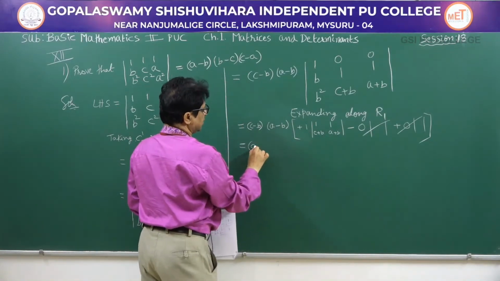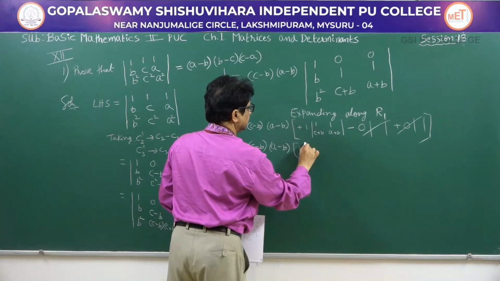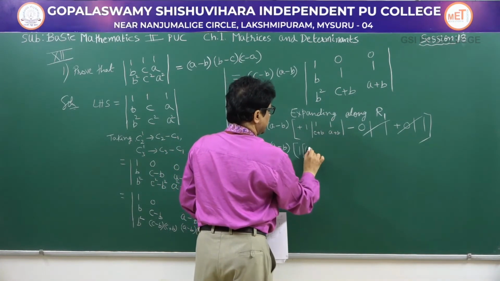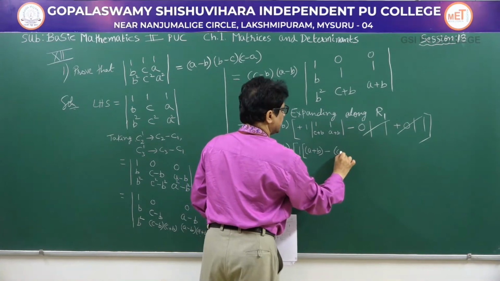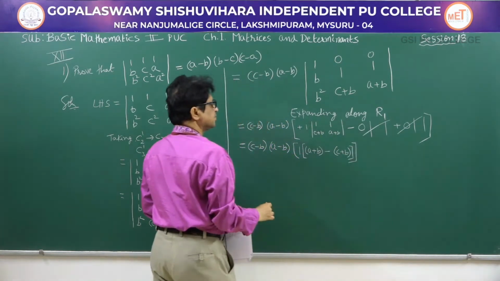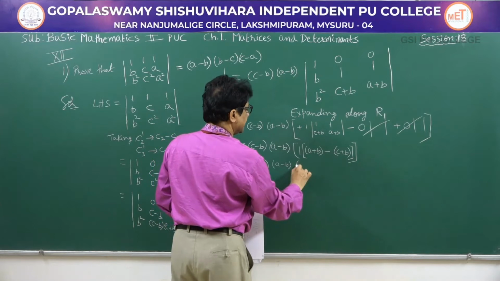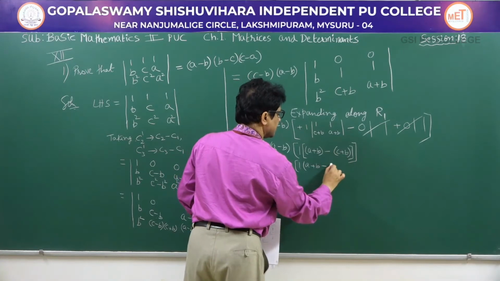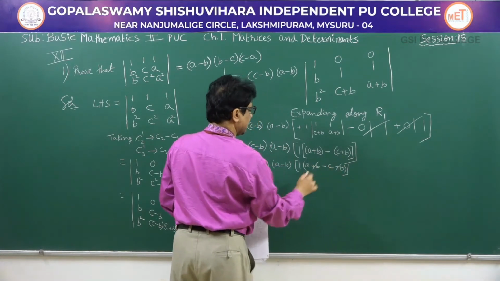So that will be equal to C minus B into A minus B into, so 1 into A plus B is A plus B, minus 1 into C plus B is C plus B. So that will be equal to C minus B into A minus B into A plus B minus C minus B, so plus B and minus B will get cancelled.